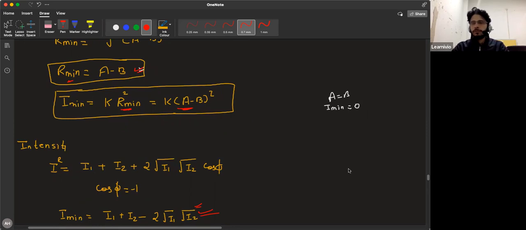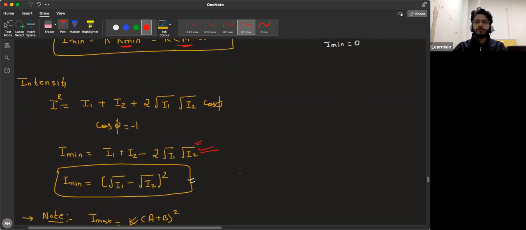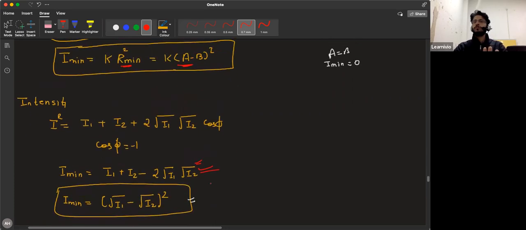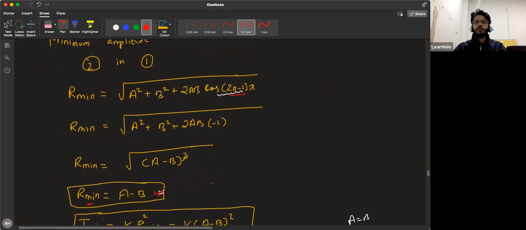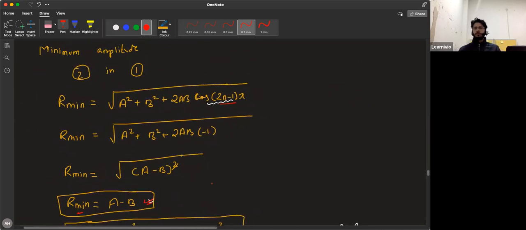No, it's root I1 minus root I2 whole square. So this is the minimum intensity. Note it down now. This minimum intensity is the intensity of your dark fringe, the intensity of destructive interference.